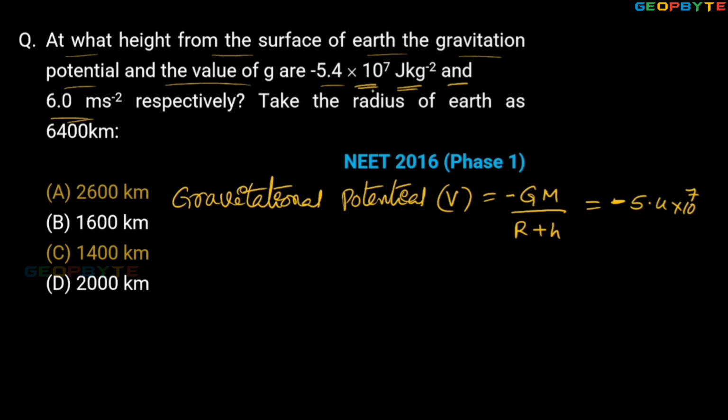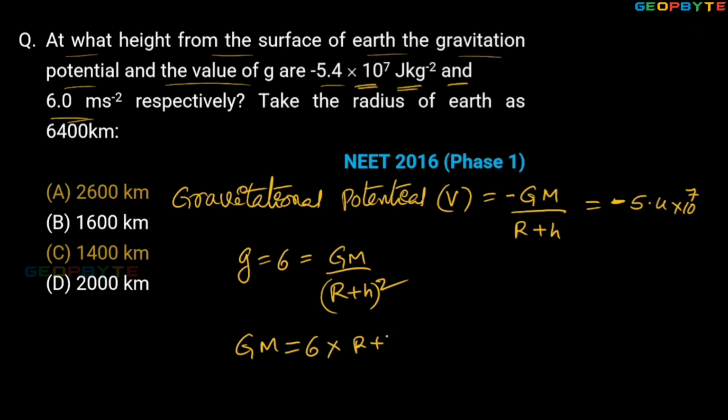And acceleration due to gravity g is given 6, but g equal to what? GM by R plus H whole square. From this, GM equal to 6 into R plus H whole square.